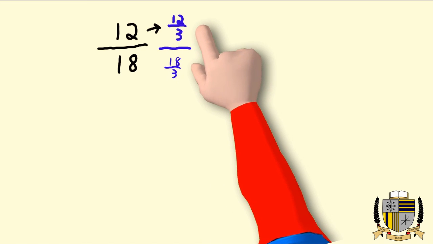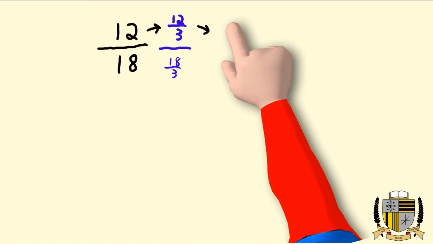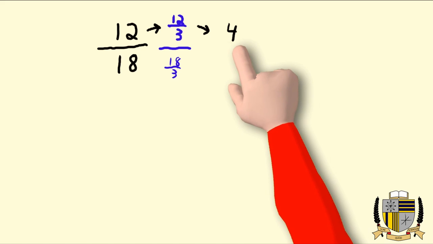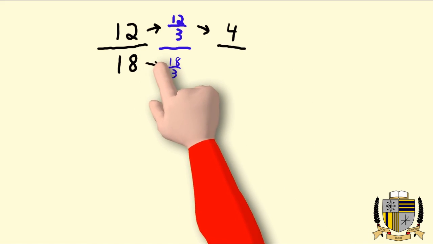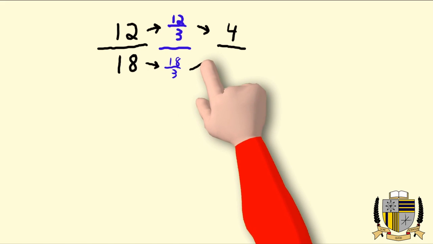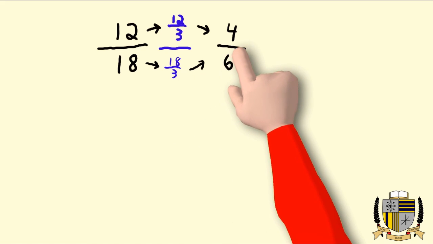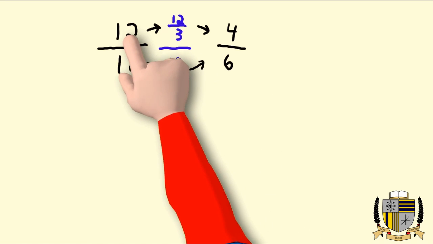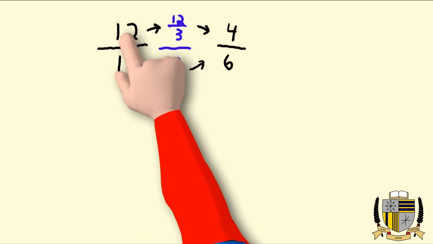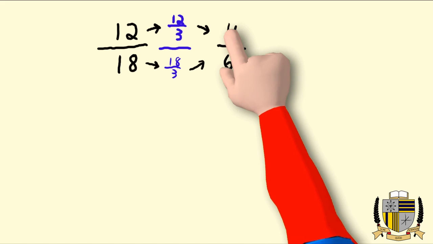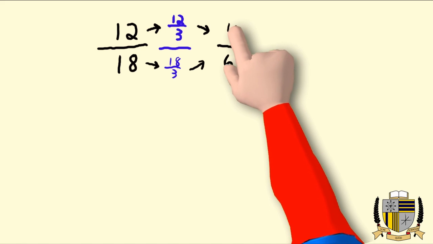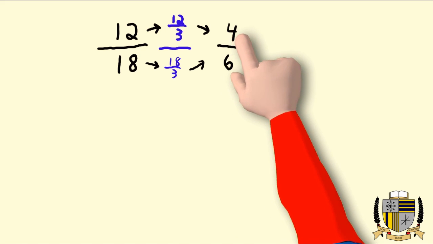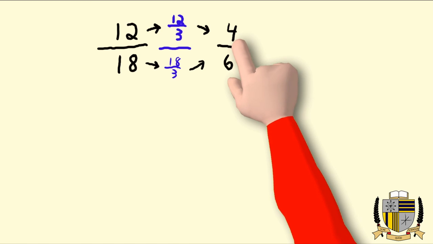So 12 divided by 3 is going to be 4, and 18 divided by 3 is going to be 6. So look, I just reduced this bigger looking fraction down to 4 over 6. And they're still equivalent. They're still the same thing. It's just now it looks a little simpler and prettier.